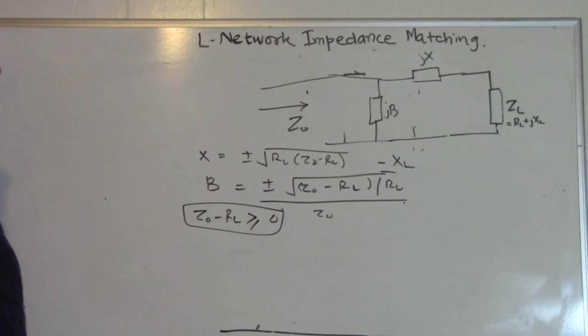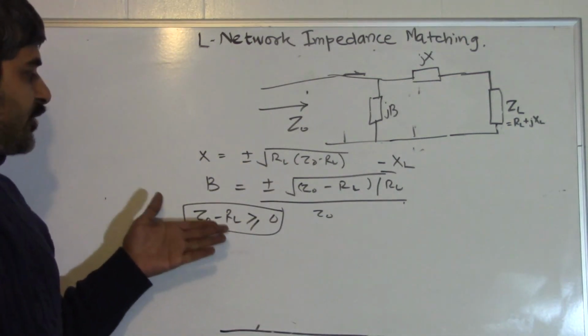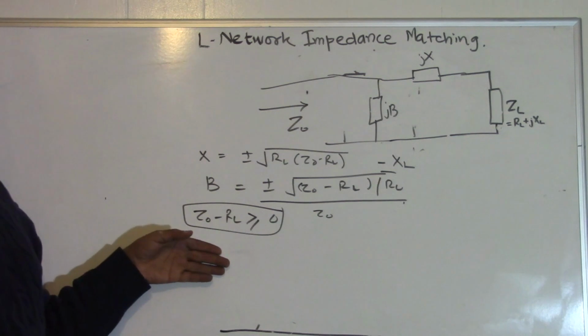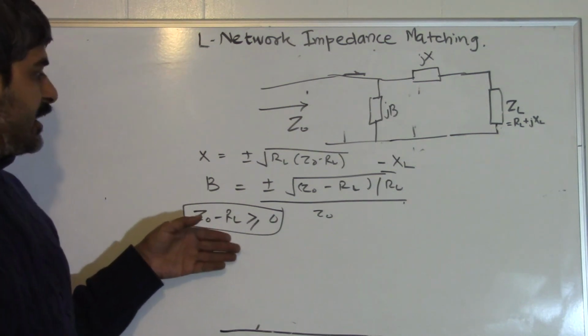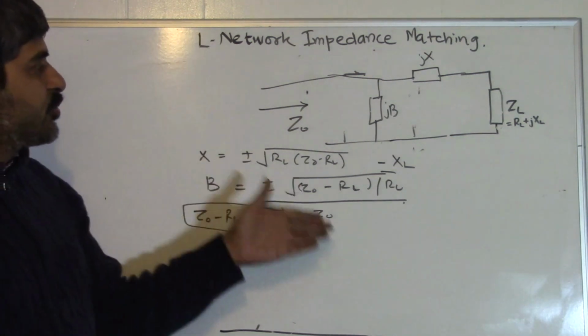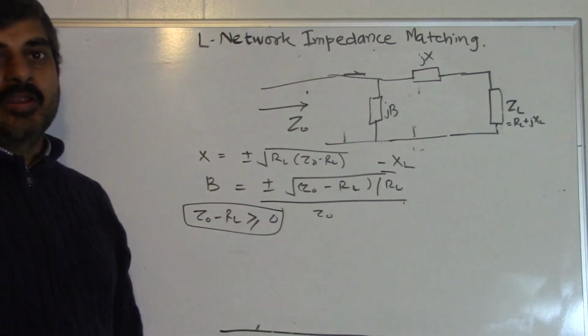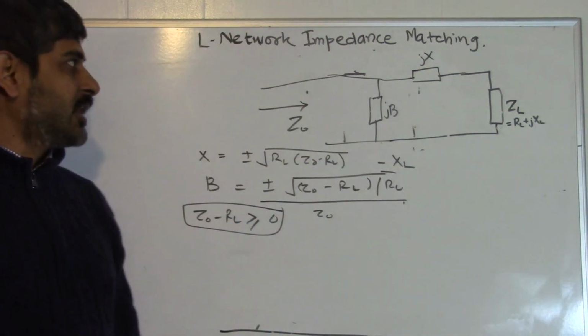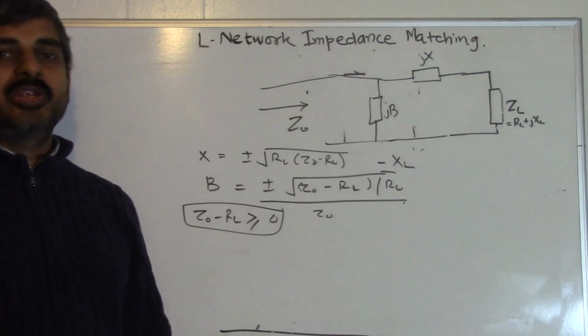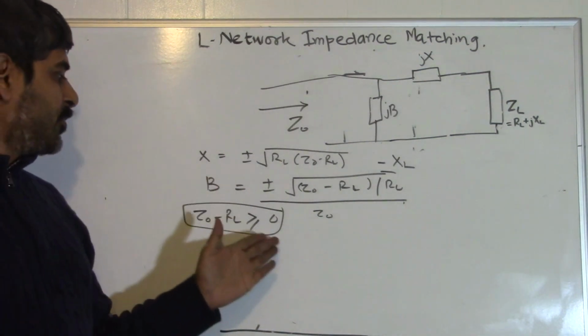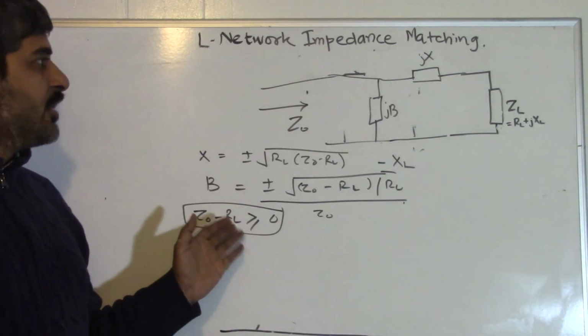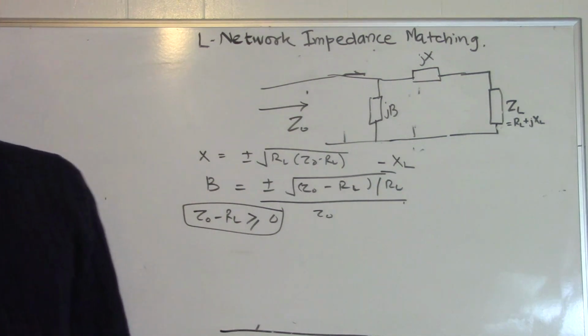So the first thing once you are given a problem is to calculate the value of Z0 minus RL. If Z0 minus RL is greater than 0, only then you proceed with this design. If not, you try the other design. So one or the other design should fit your requirement, depending upon the value of RL, which is the deciding factor.